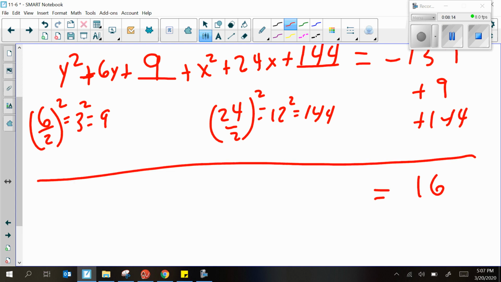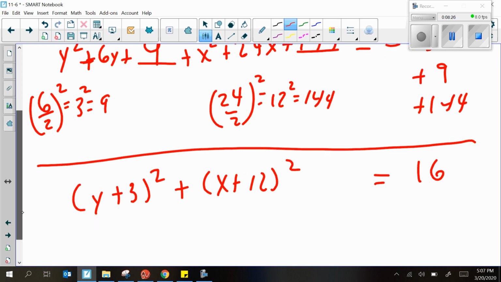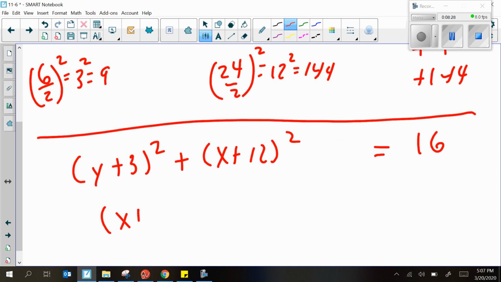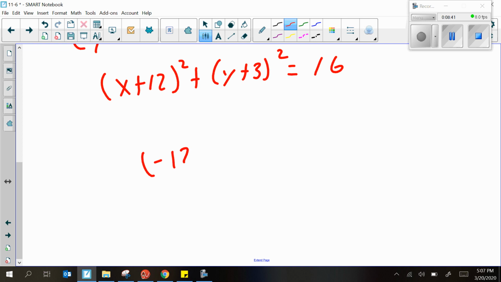And then on the left, now I have to factor. So y plus 3 squared plus x plus 12 squared. And I realized that I switched my y and x when I was doing this, so feel free to rewrite it so that you have the x plus 12 squared first and the y plus 3 squared second. So my center is negative 12, negative 3, and my radius is 4.